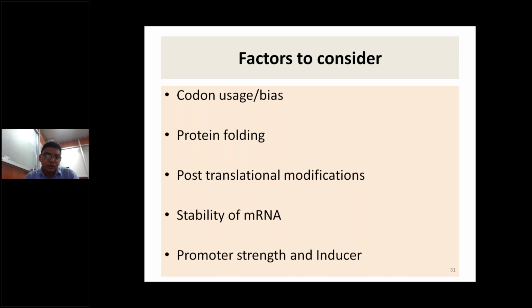Because there is degeneracy in the genetic code, every expression host, it could be insect, bacteria, yeast, or plant, has a different codon preference for coding a particular amino acid. So that codon bias has to be kept in mind while you are choosing the sequence which you are going to clone in an expression vector.